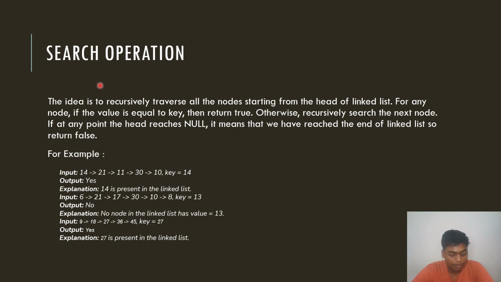For searching for any key inside a list, we are going to traverse through all nodes recursively. Supposedly, if the key is provided using the input function, and we have a circular list which consists of some nodes, we are going to traverse through each node, searching for that particular value or key.